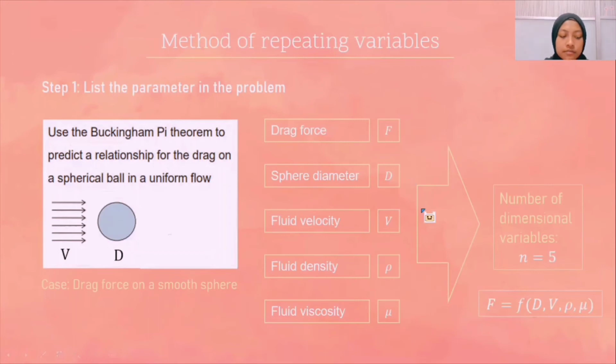There are 5 dimensional variables in this case, thus n equals 5. Or we can also write it as drag force equals a function of d, v, rho, mu.